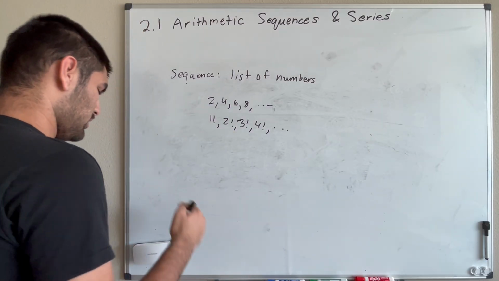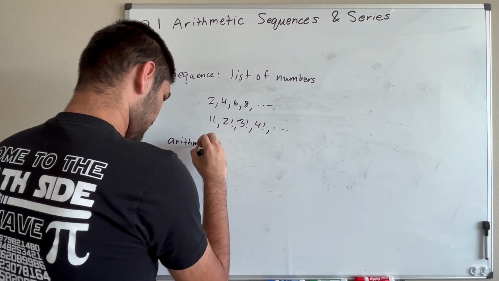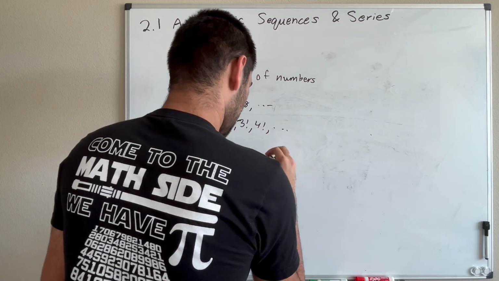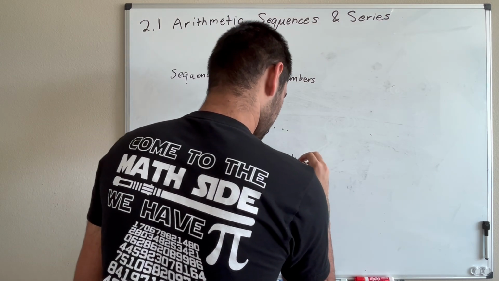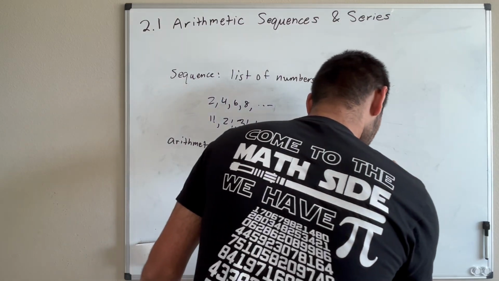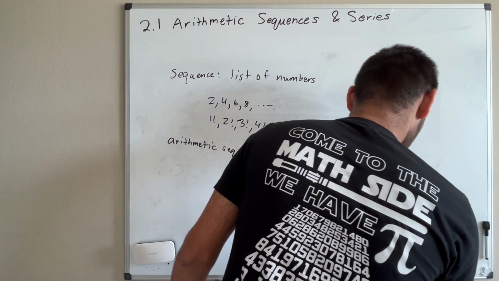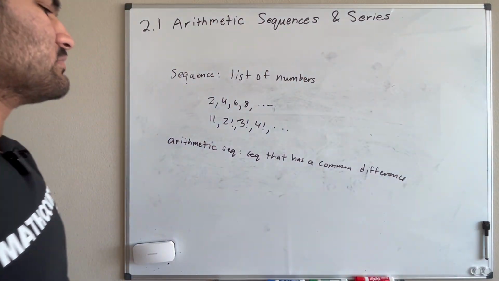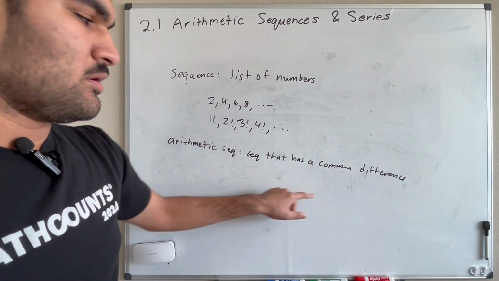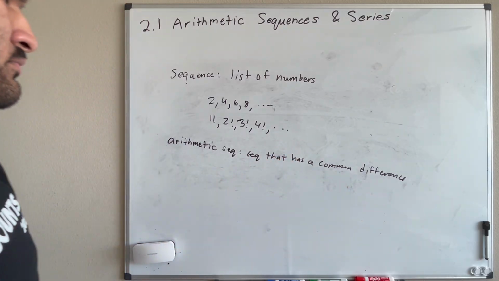Okay? So then an arithmetic sequence is just a sequence that has a common difference. What I mean by that is that each term of the sequence is found by adding a specific common difference to the previous term.